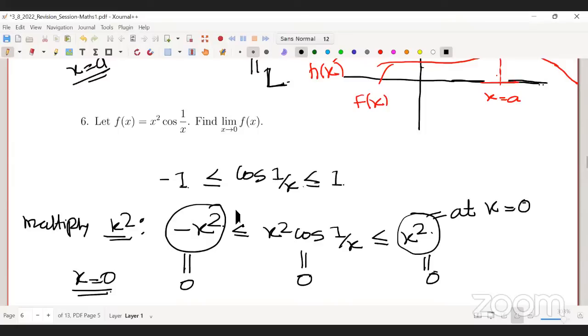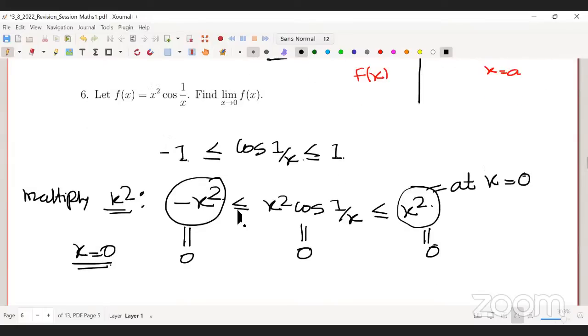Can you please repeat this inequality, minus x square? You are talking about cos, right? The value of cos is always between -1 and 1.